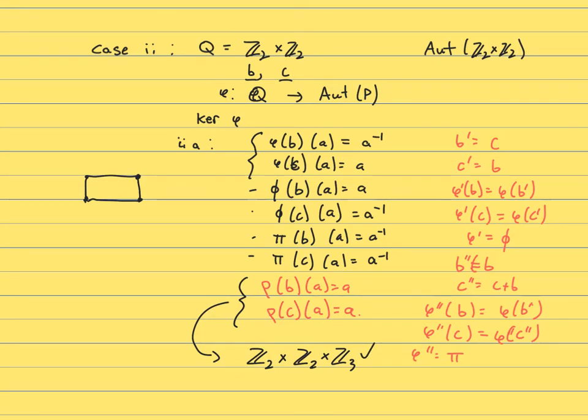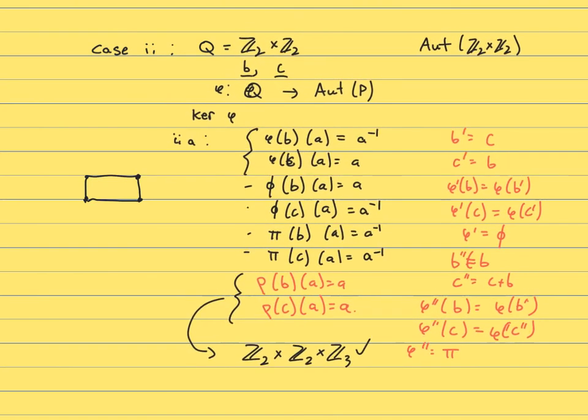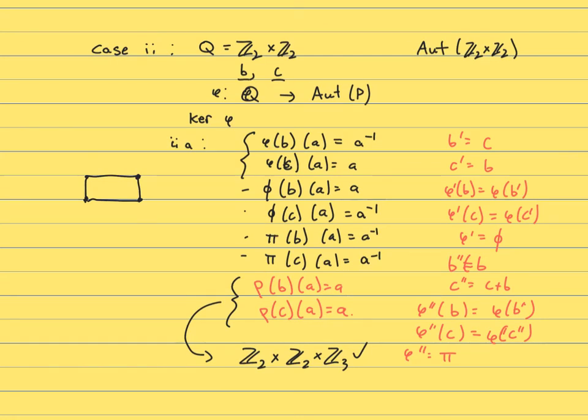The point I'm trying to say imprecisely about these three maps is that they are similar in the same sense that you talk about matrices being similar. In other words, they're equal up to conjugation by an automorphism of Q. And something you can prove is that when that happens, the resulting semi-direct products are also isomorphic as groups. So even though there are three different homomorphisms here, they're all going to give you isomorphic groups at the end of the day. So later, I'm only going to consider one of them.